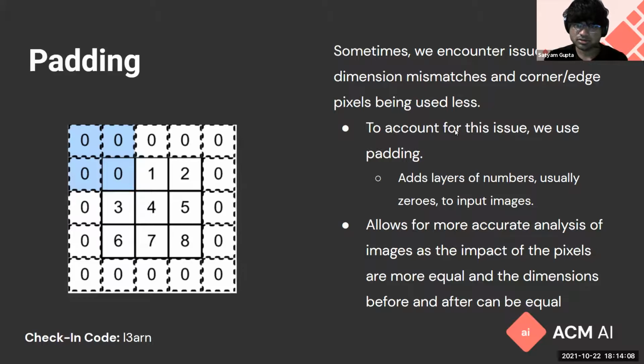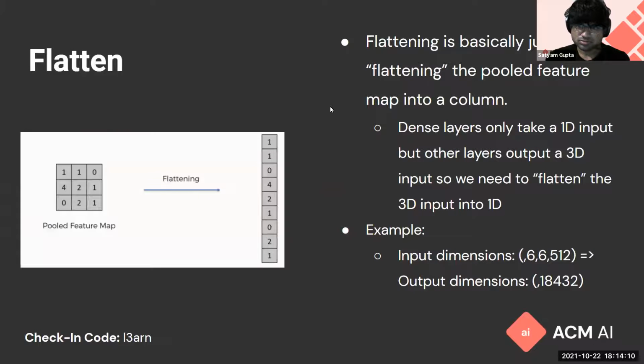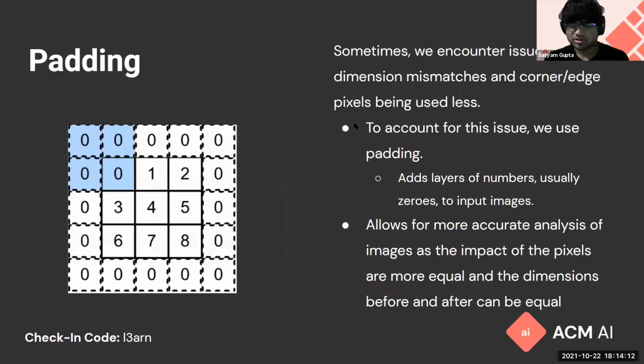So when you have dimension mismatches and it's not working because the pooling layer is greater in size, you can use padding. Padding basically just adds zeros all around it. And since it's average and maximum in both cases, your zeros won't affect anything since it's pixel values.